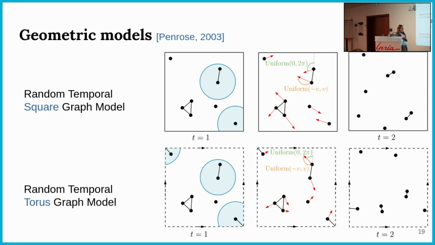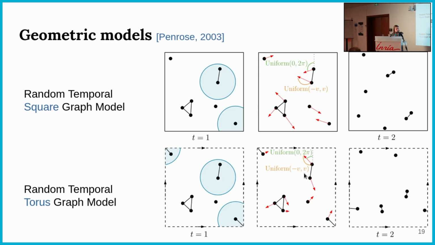And to integrate the temporal dimension, we apply to each point a displacement vector. The direction of the vector is chosen with uniform probability in 0 to 2 pi, and then the length of the vector is uniformly distributed in minus v to v, which is a parameter.